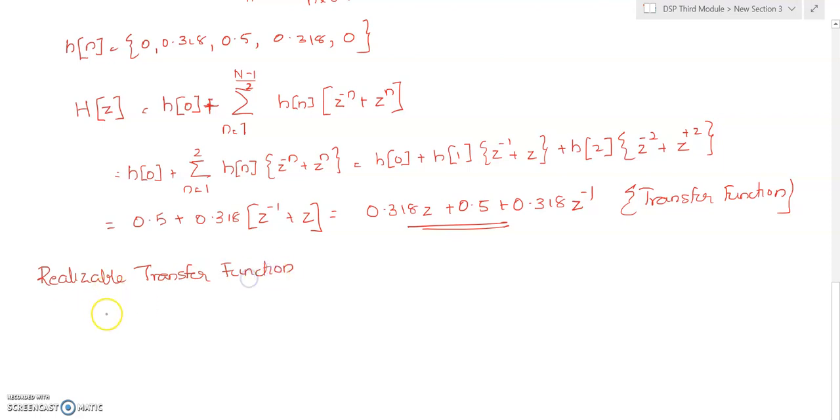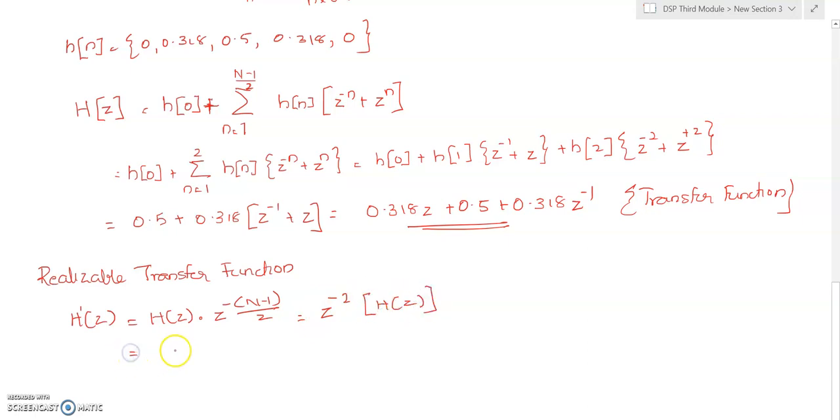To obtain the realizable transfer function, what we need to do is create a new h dash of z, and this h of z must be multiplied with z raised to minus (n minus 1) by 2. So that means it will be equal to z raised to minus 2 into h of z.